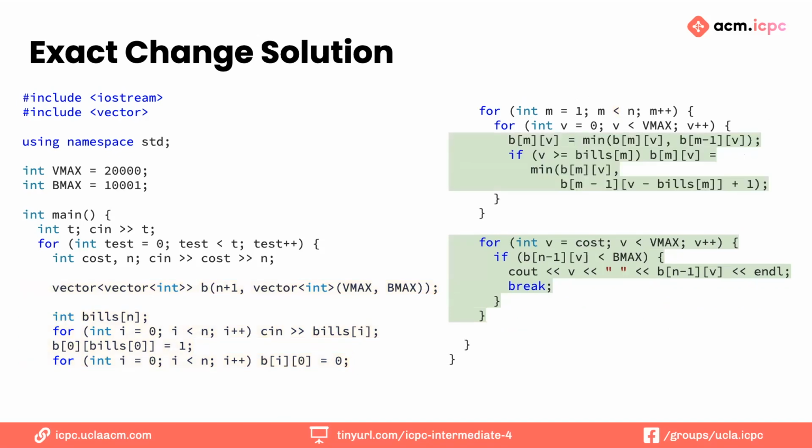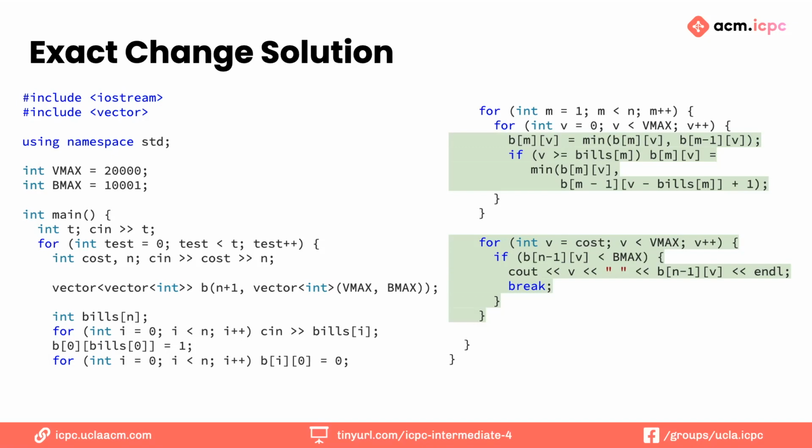So basically, in this first double for loop, we're just going to use our 2 equations for setting the min value of B, and we're going to set B of m, v equal to min of itself and B of m minus 1, v, which is to say that if we're not going to include that bill, aka we're using the value in the column right above, then we can just take that value.